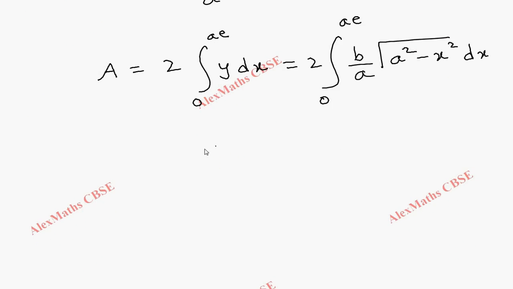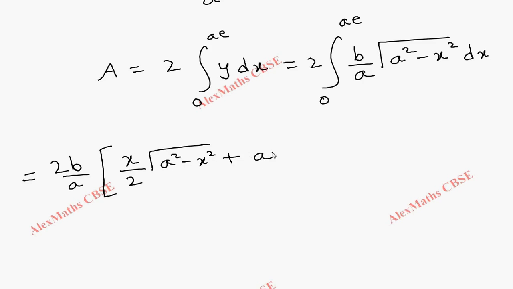We can take the constants 2b by a separately. Now integration of this will be x by 2 root of a square minus x square plus a square by 2 sine inverse x by a, and our limit is from 0 to ae.